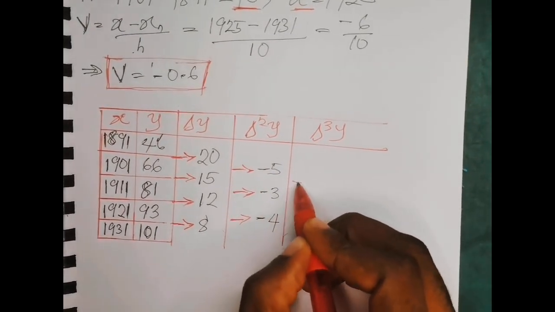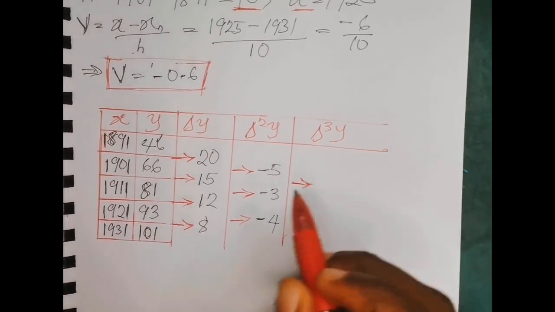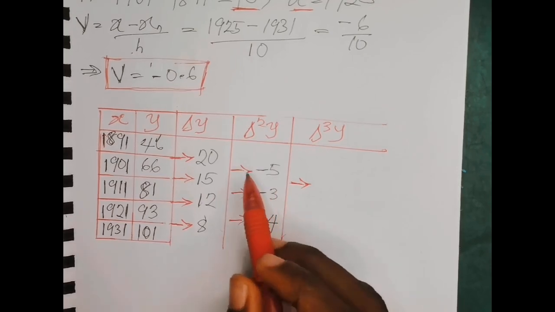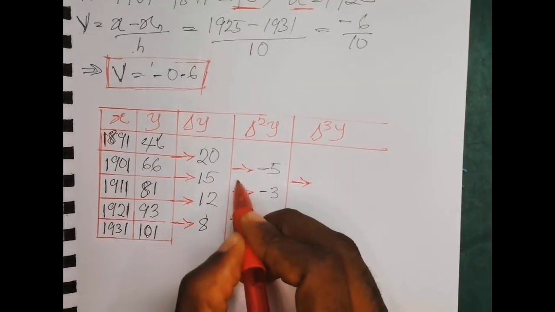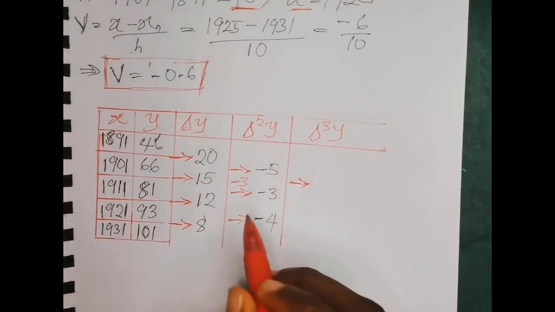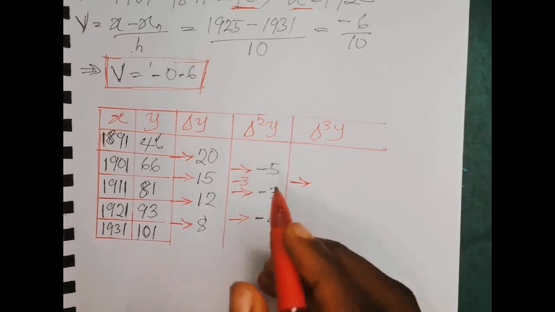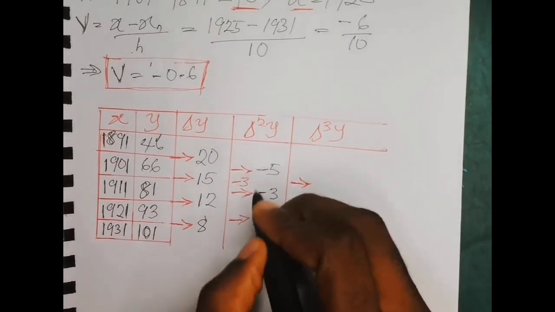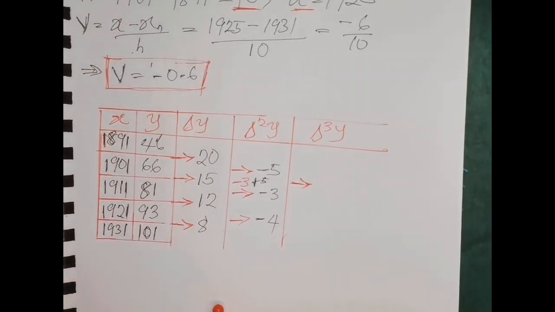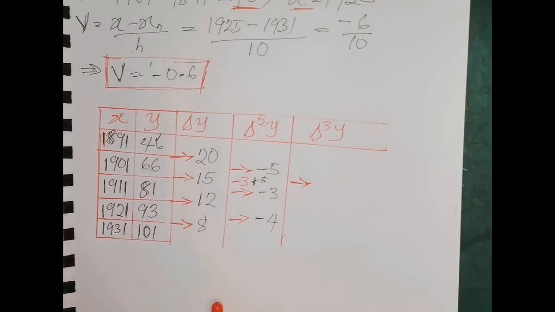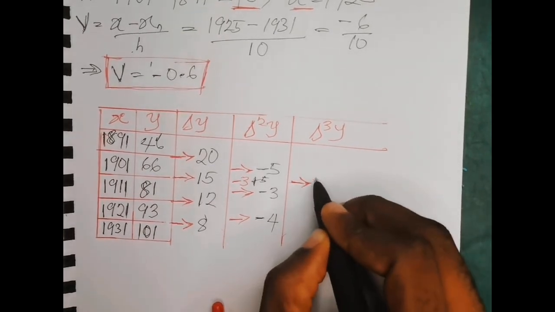Also, answer should be written at the middle. Minus negative 5, minus minus becomes plus. It becomes negative 3 plus 5, and that would simply give us positive 2.